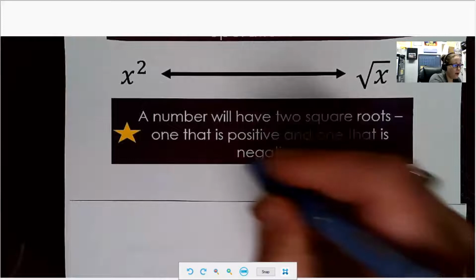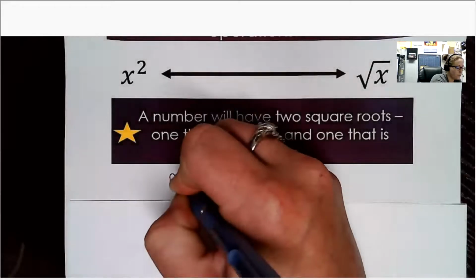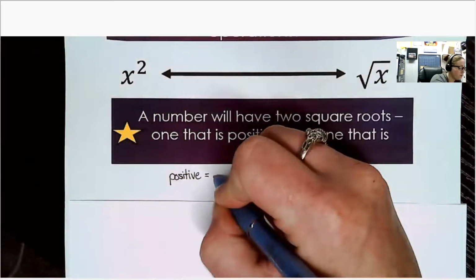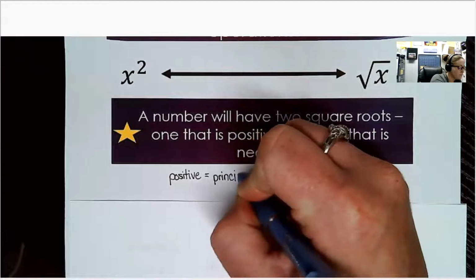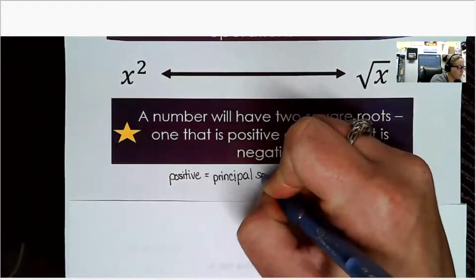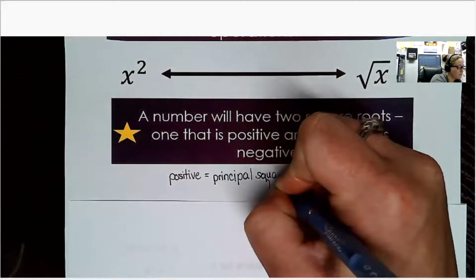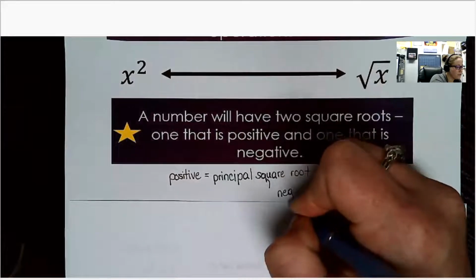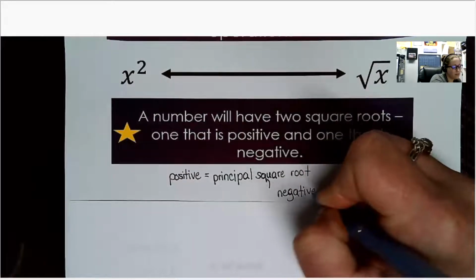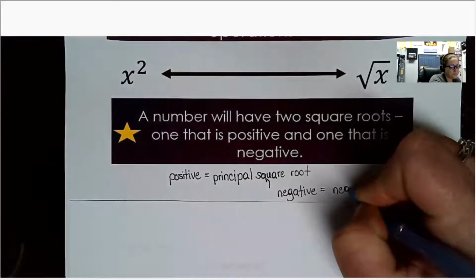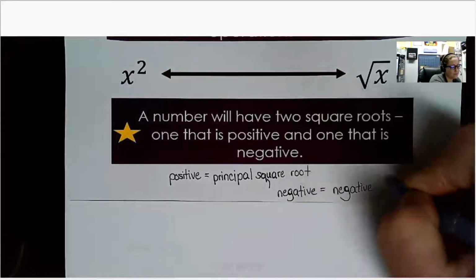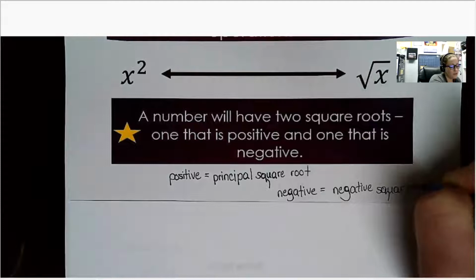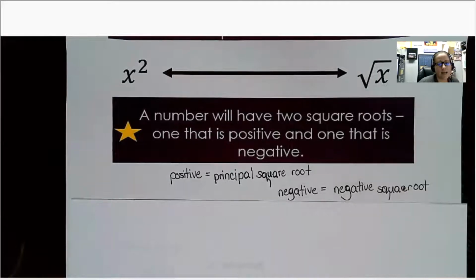The positive square root is also known as your principal square root, and the negative square root is just known as the negative square root.